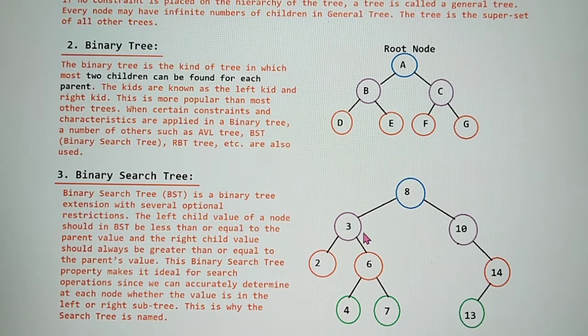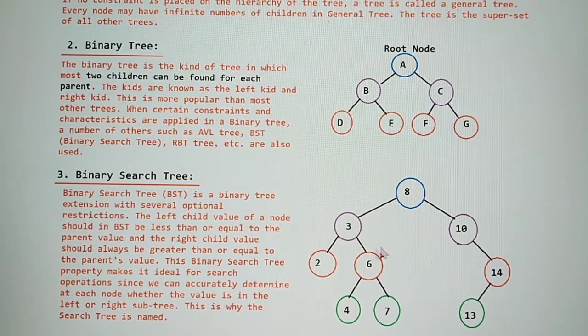So here you can see the structure of a binary search tree. The value of the parent node is 8, and the values of the child nodes are 3 and 10, 2, 6, 14, 4, 7, 13.